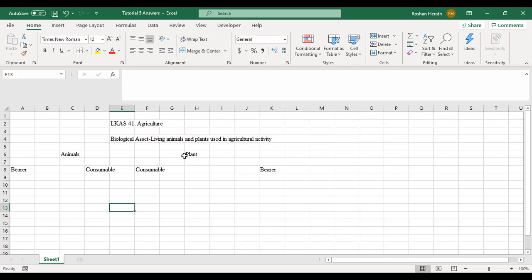If I start with the plant category, a bearer plant, as the term suggests, bears agricultural produce. That's a simple term. The meaning of a bearer plant is that it contributes to the production of agricultural produce.